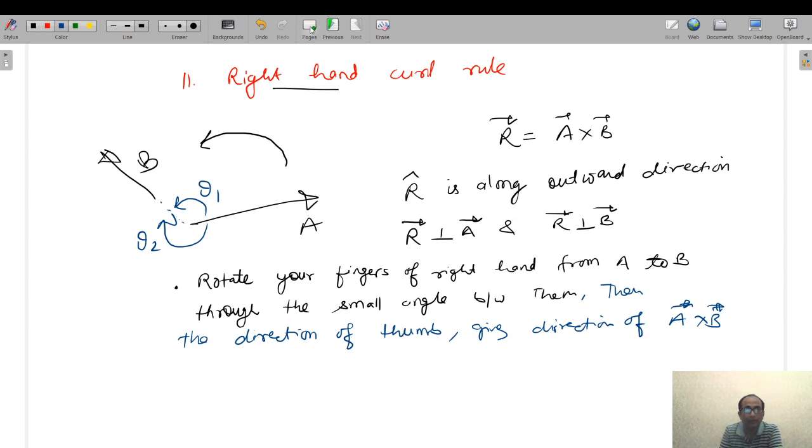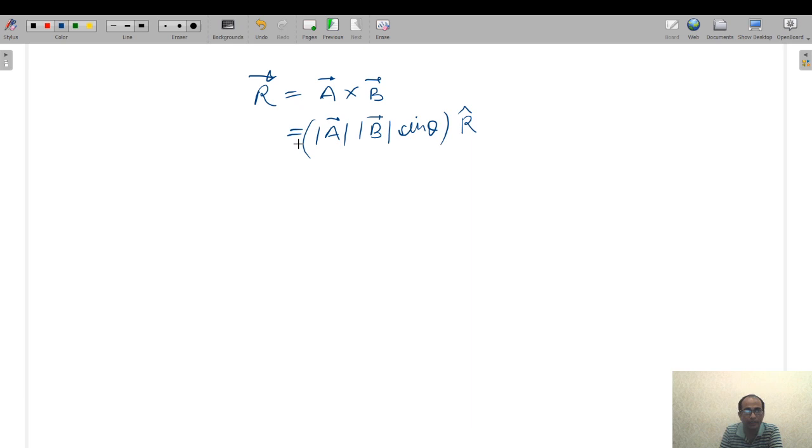Now see, we have this vector R which is the cross product of A and B. So its magnitude first is AB sin theta, this is magnitude only, okay, and then you have this thing to represent direction. So the R cap is along this R vector, a unit vector, okay.